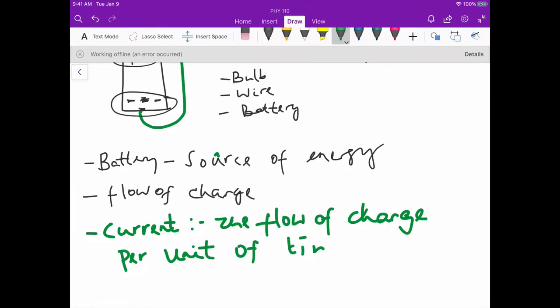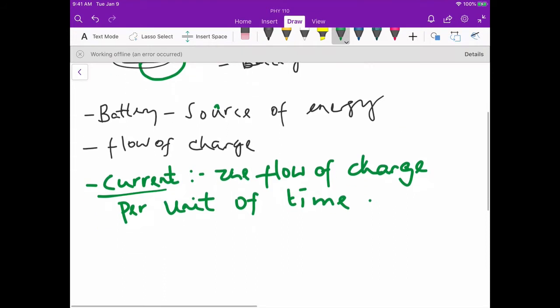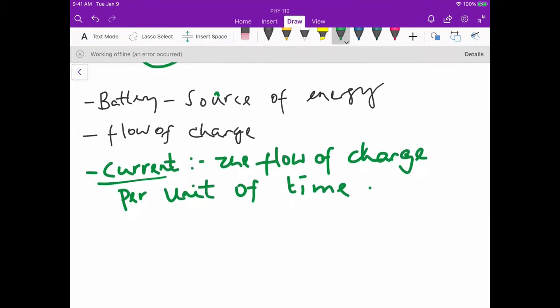Okay, so how much current is flowing, like how much charge is flowing through the wire per unit time. That's what we call it. So we come across a new definition of something that flows. Something that flows in the wire, those charges, we define as current.